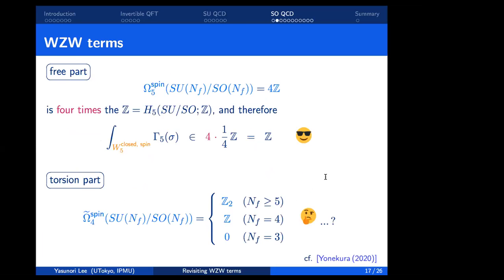So yes, I said that we haven't managed to determine the discrete Wess-Zumino-Witten part, but if you fix the discrete theta or continuous theta angle in the UV, it should uniquely determine the discrete Wess-Zumino-Witten term in the IR. And Yonekura-san's paper argues that a certain choice of theta angle in the UV should correspond to a certain choice of the discrete Wess-Zumino-Witten term in the IR. Okay, thank you.